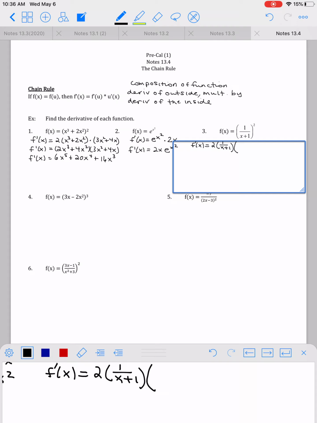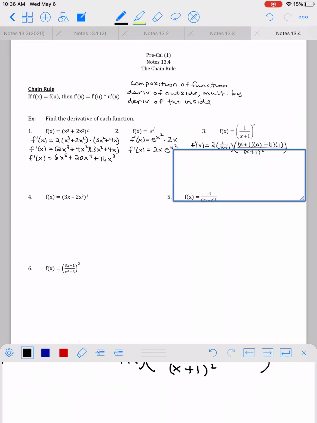And now the derivative of the inside is a quotient rule. So low, x plus 1, times d high, which is a 0, minus 1 times the derivative of the low, which is a 1, over x plus 1 quantity squared. So that takes care of our derivative. Now we simplify.